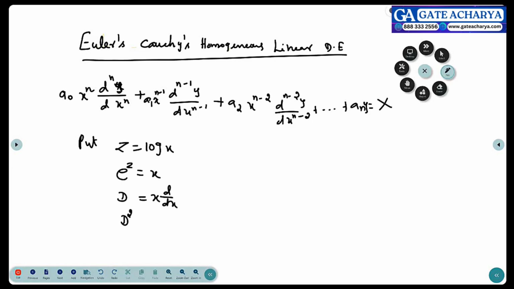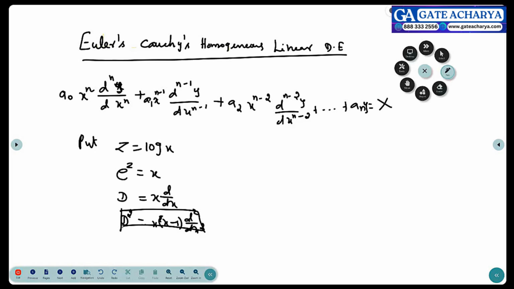So capital D square is x square. Sorry, it is not x square. It is x into x minus 1 into d square by dx square. We omit this case, but internally we use this case. D is x into d by dx.